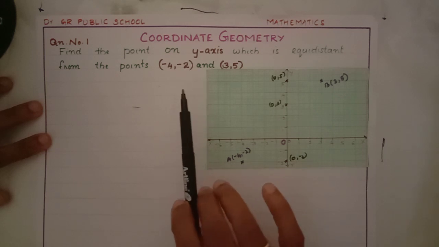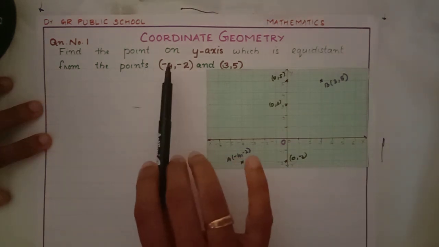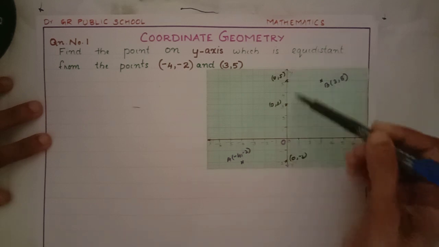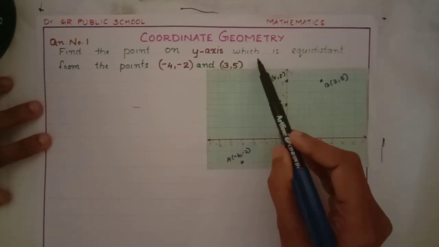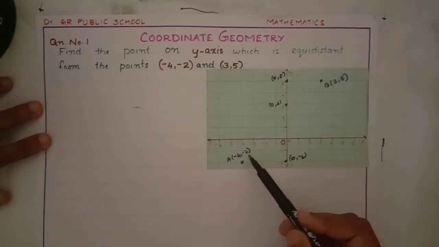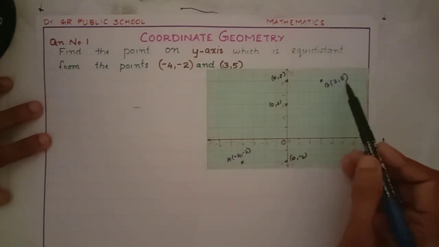Children, did you get the question? Find the point on the y-axis which is equidistant from the points (-4, -2) and (3, 5).